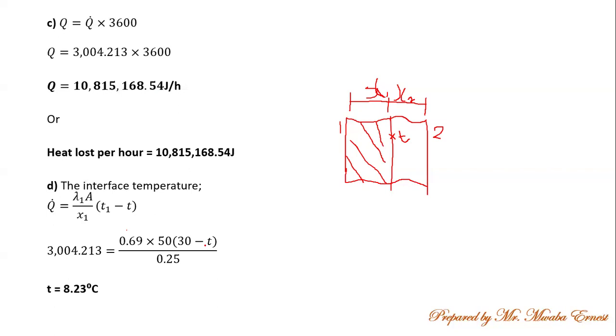Here is a secret. The value that we have here as T1 is actually 30. That's our T1, 30 degrees Celsius. On the other side, we have 5 degrees Celsius. Can you see the answer we have here?